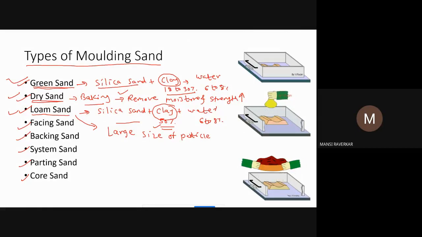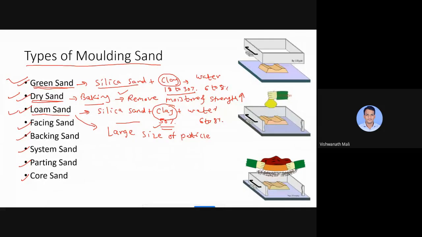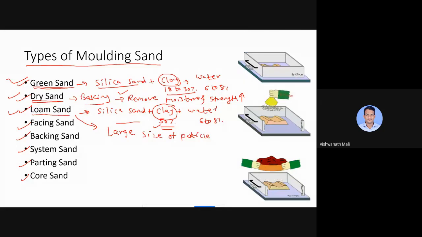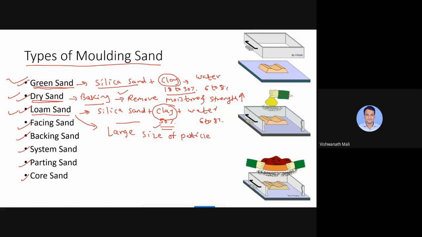Sir, after baking green sand, should the dry sand reduce in volume? No, volume is not reduced. Only the moisture contents get vaporized. Size remains the same. Only the moisture content reduces, it becomes dry, but it doesn't change the volume.